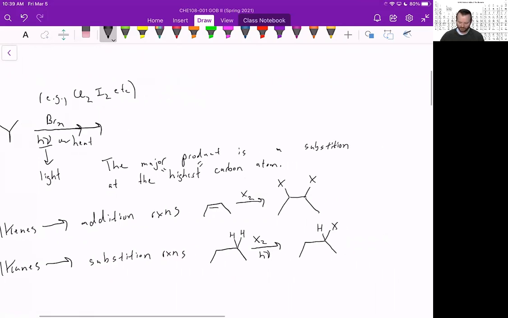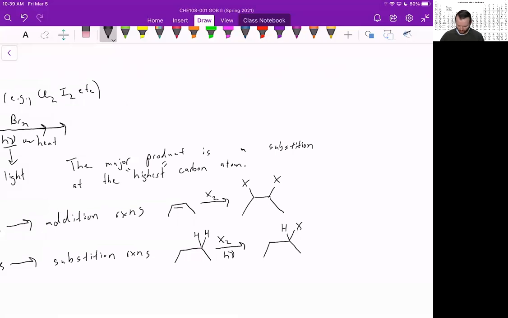What I mean by that is that a tertiary carbon atom would be more favored than a secondary carbon atom, which is going to be more favored than a primary carbon atom. Remember, quaternary carbons do not have any carbon-hydrogen bonds. They're all carbon-carbon bonds, so the substitution doesn't occur there.